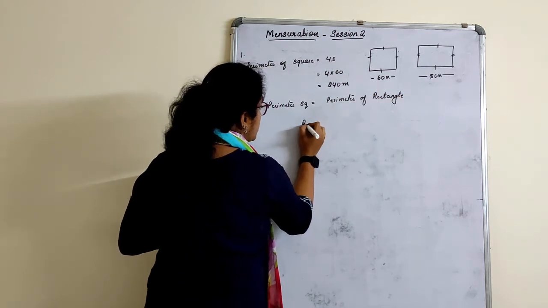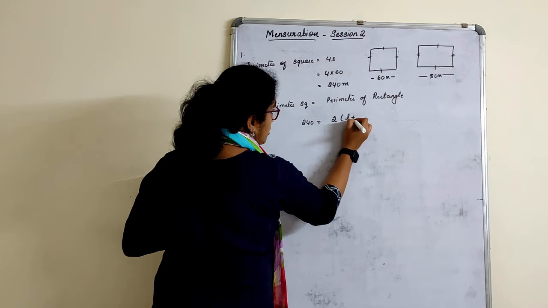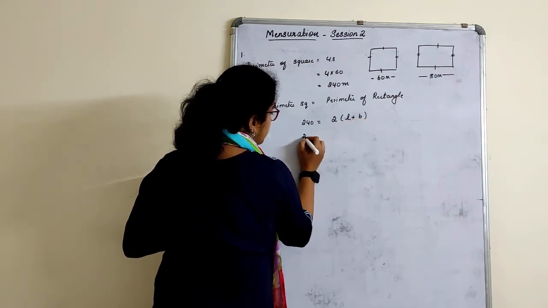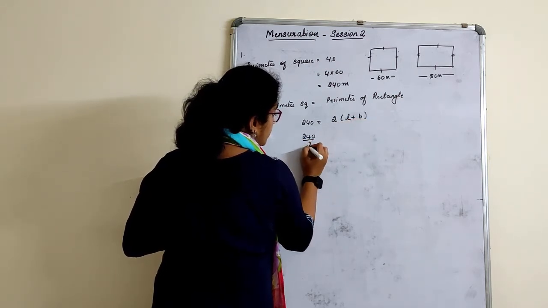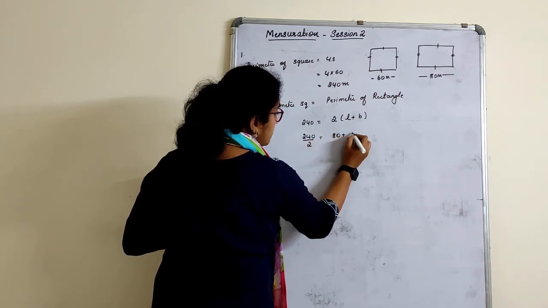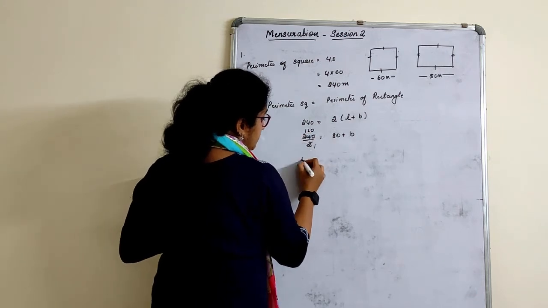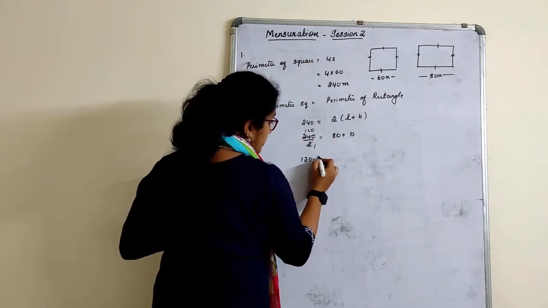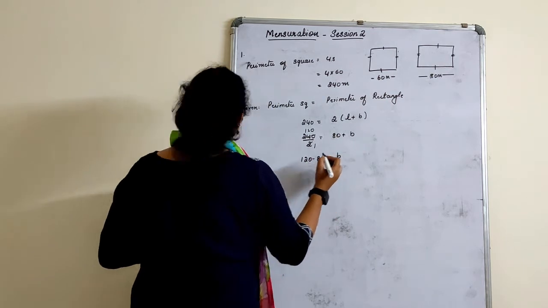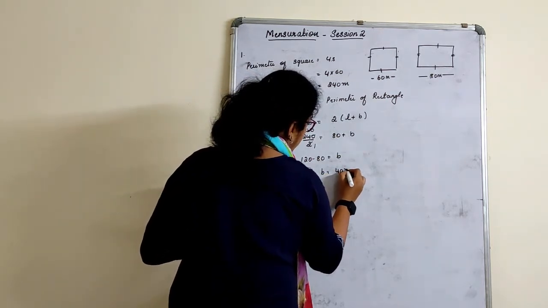The perimeter of square is 240 meter. Perimeter of rectangle formula is 2 times (L plus B). 240 divided by 2, this 2 I brought down, is 120. What is length? 80 plus B. So 120 minus 80 is equal to B. Therefore, breadth is equal to 40 meter.